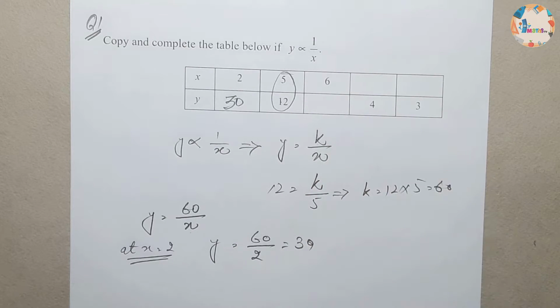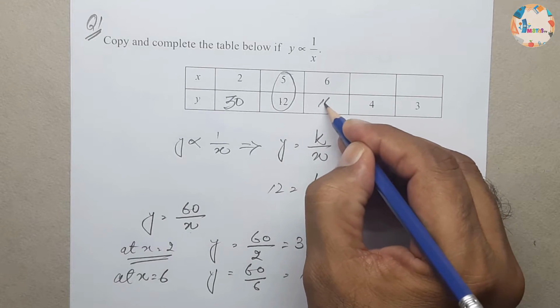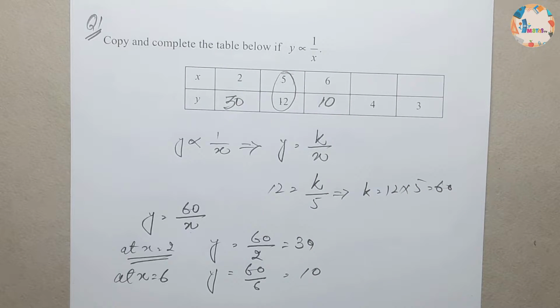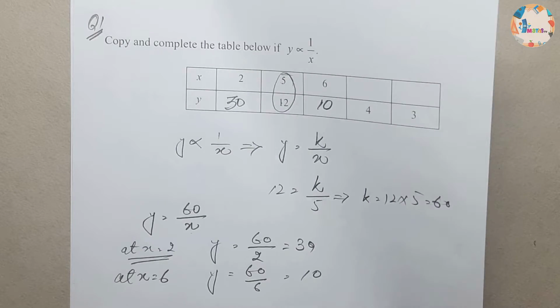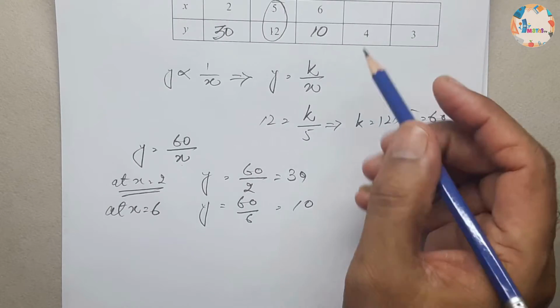Next is x is equal to 6. At x is equal to 6, y is equal to 60 over 6, which is 10, and we write the value of y as 10. Next we have to find the value of x when y is given.